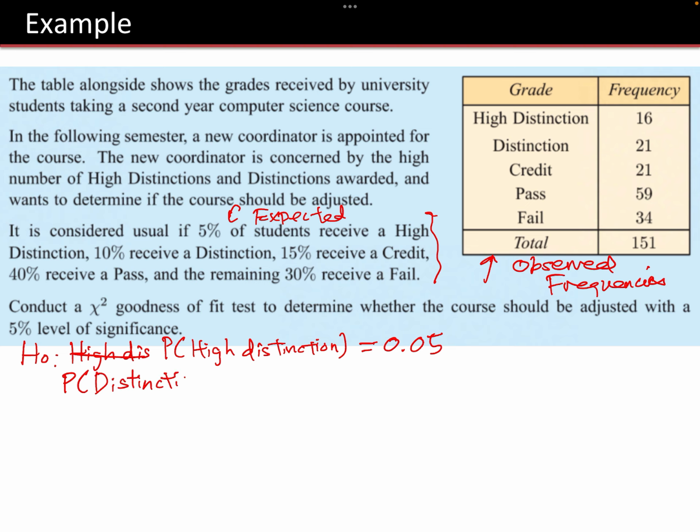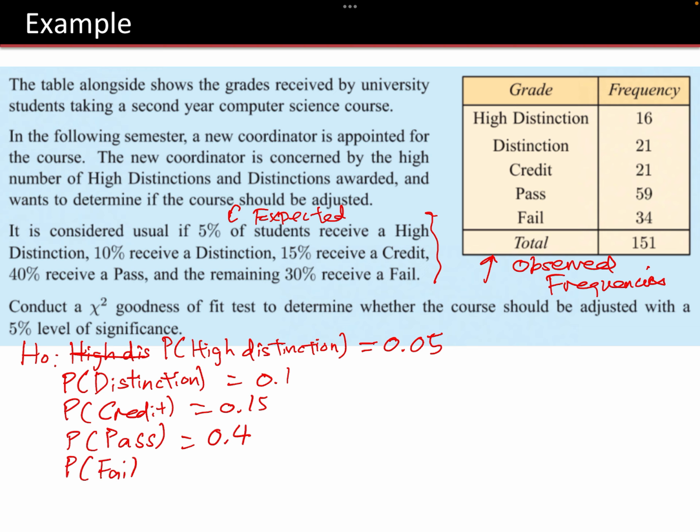Distinction is going to be 0.1. Probability of credit would be 0.15. So I'm putting all the expected data that's given to us as the null hypothesis, because they're not uniform, so we don't really have a choice. We have to write down all the probabilities given to us as the null hypothesis, 0.4 for pass, and the probability of getting a fail would be about 0.3.